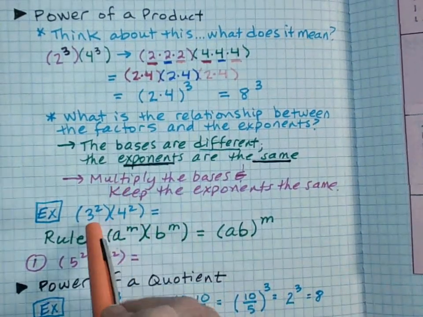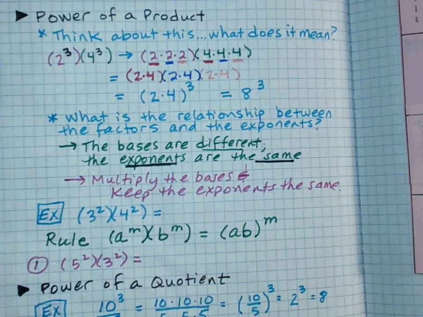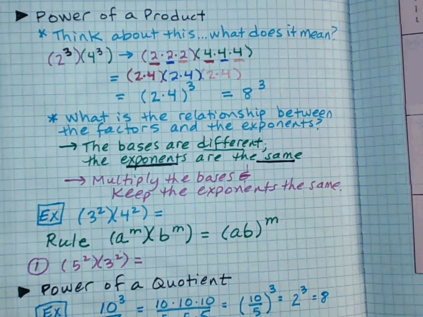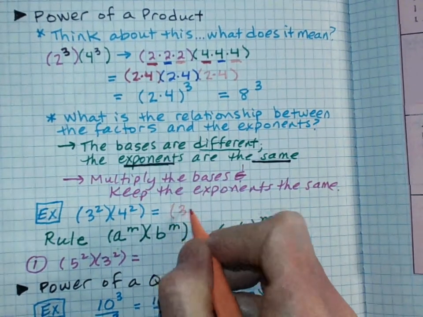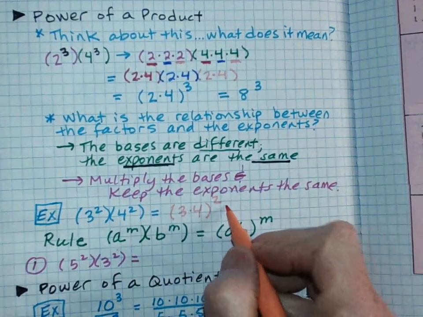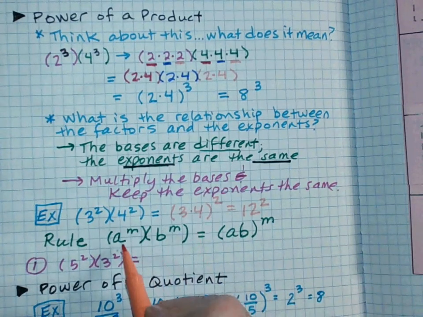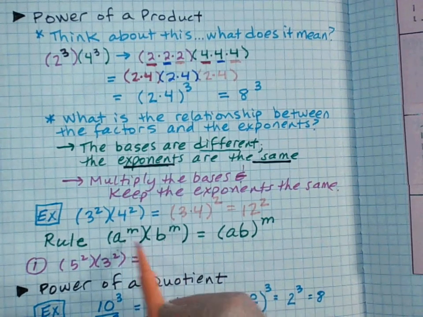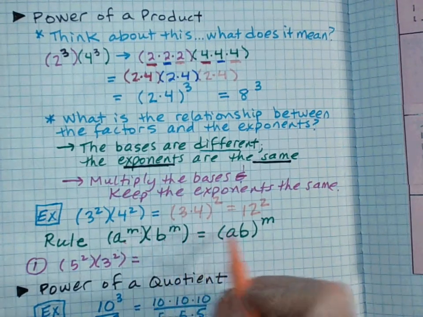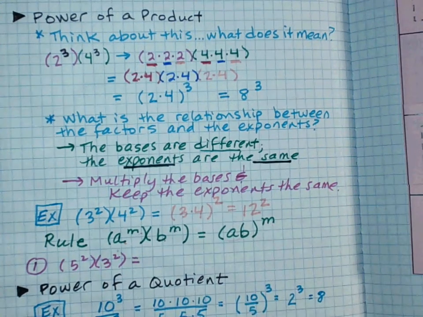For example, if I had 3 squared times 4 squared, I now know that I can just call that 3 times 4 raised to the 2nd power, or 12 squared. So it turns out my rule is if my bases are different and my exponents are the same, I can just multiply my bases together and keep my exponent the same.